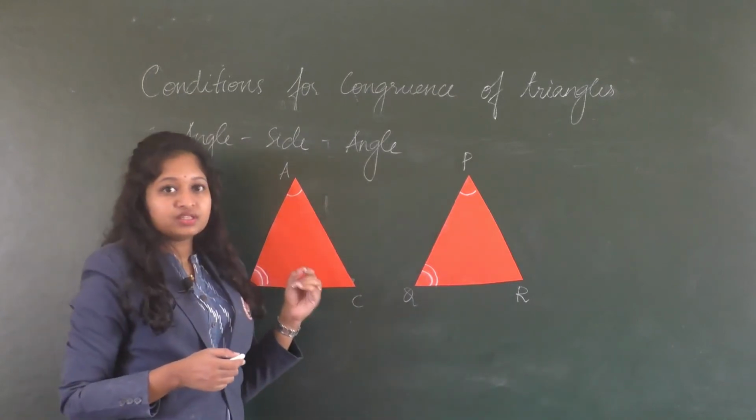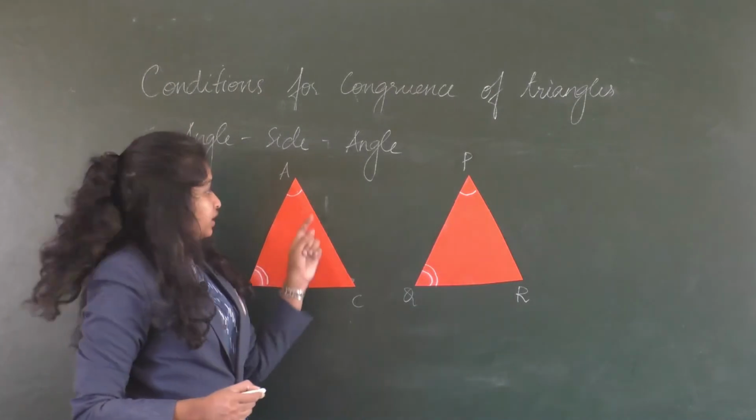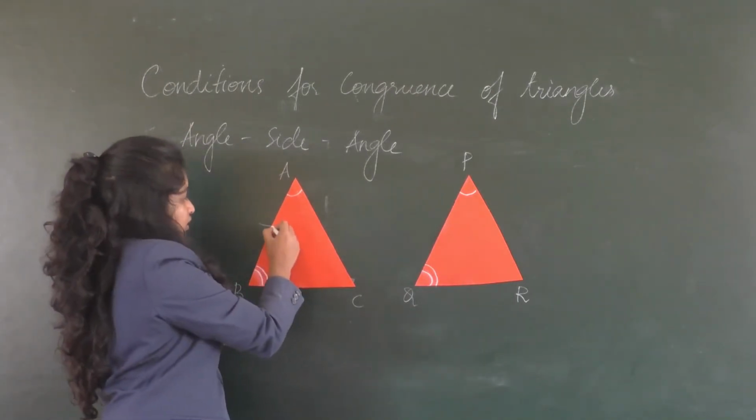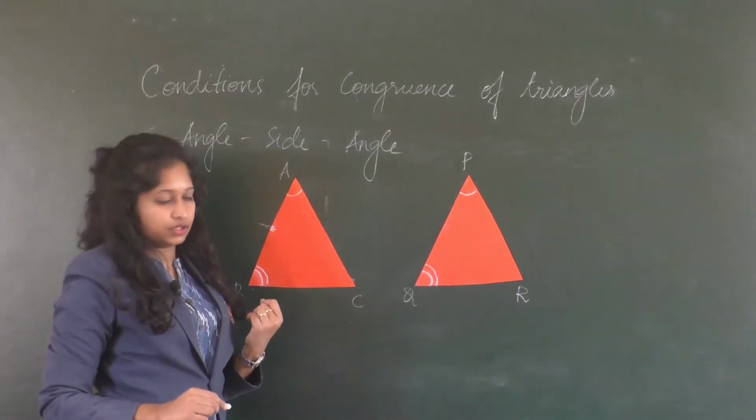So here the side should be included. Here we have two angles, angle A, angle B, and this is the included side. AB is the included side.